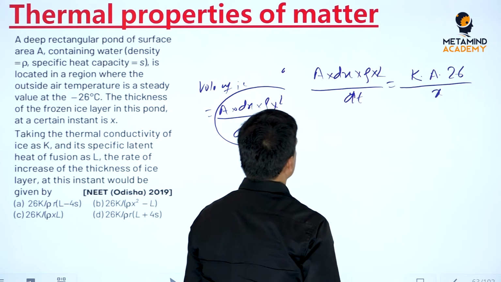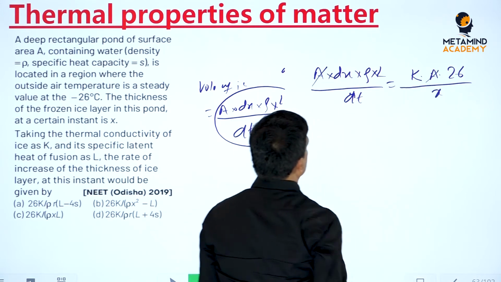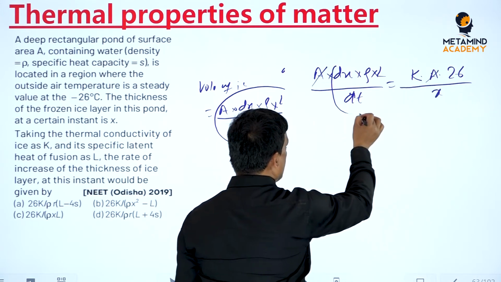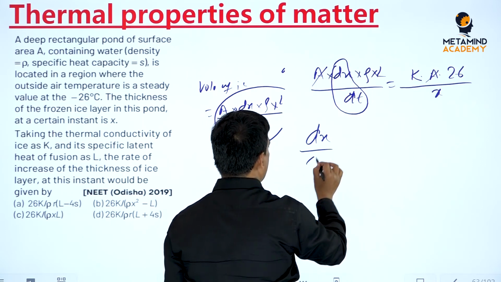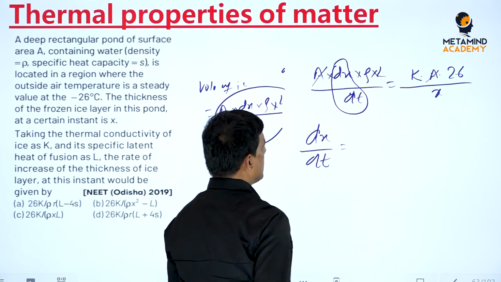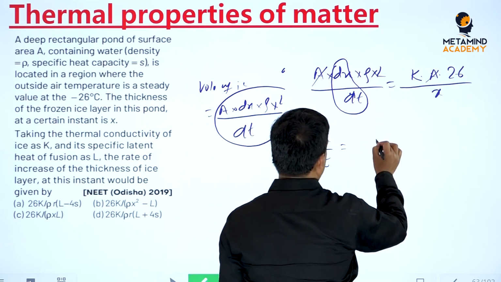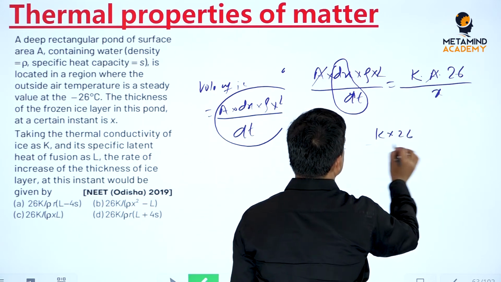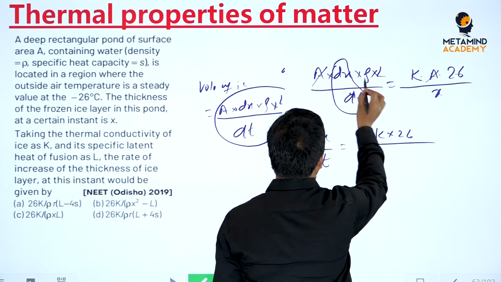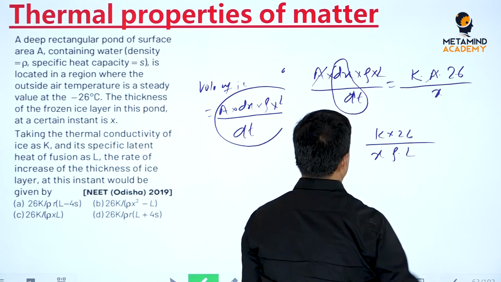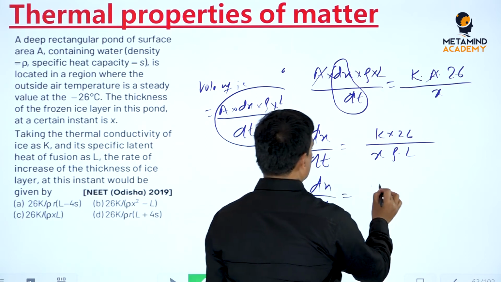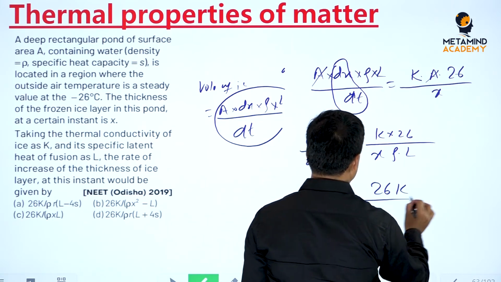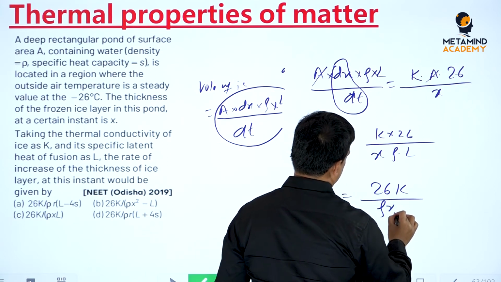Right. So if you see over here, A is cancelled. And what are you interested in? The rate at which ice is being formed. So you are interested in dx by dt. dx by dt is equal to K into 26 by x into rho into L. So we can say dx by dt is 26K divided by rho x L.